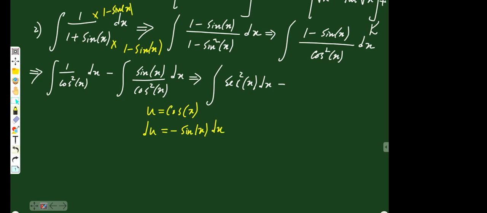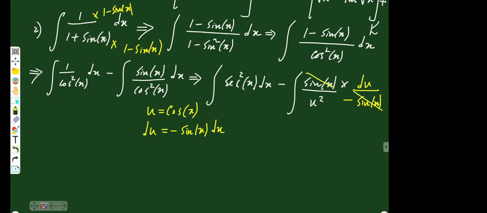So then what we can do here, you get sin x here, then u is equal to cos x, so it's going to be u squared here. Then I need dx, so dx is equal to du divided by minus sin x, right?